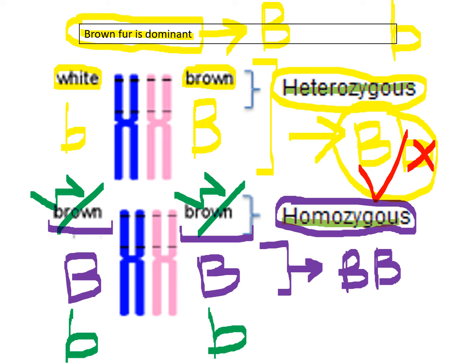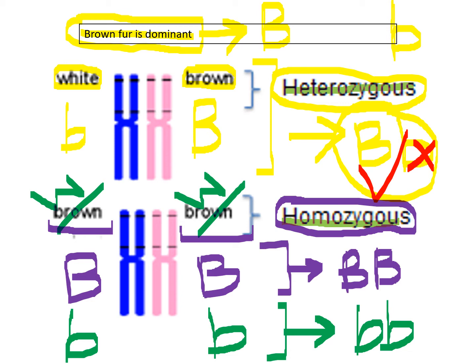So we can't use the letter W, for example, to represent white fur color and the letter B to represent brown fur color. Just keep that in mind. And in this instance, our genotype will be small letter b, small letter b. And so we will have a dog with white fur color.